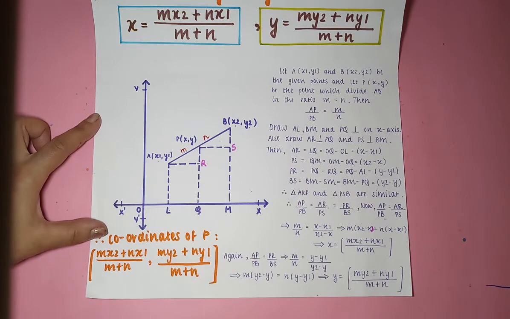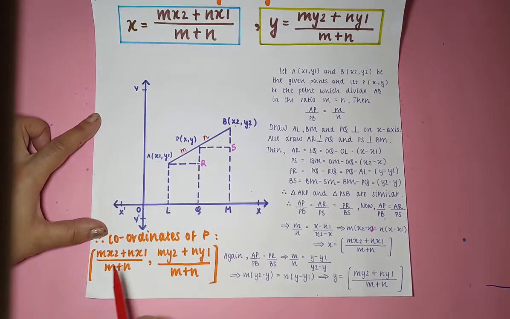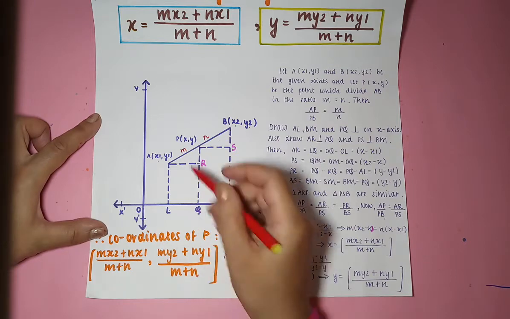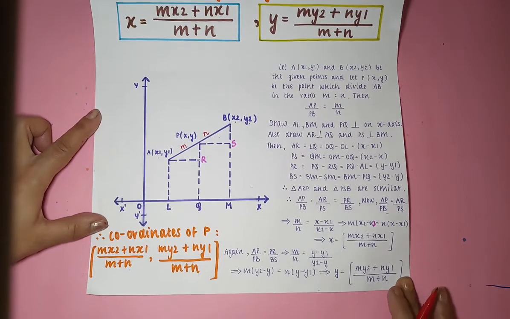Now we will see how the coordinates of this point are (mx2 + nx1) upon (m + n) and (my2 + ny1) upon (m + n). We are saying that x is equal to (mx2 + nx1) upon (m + n). Similarly, y is (my2 + ny1) upon (m + n). Let us derive this.